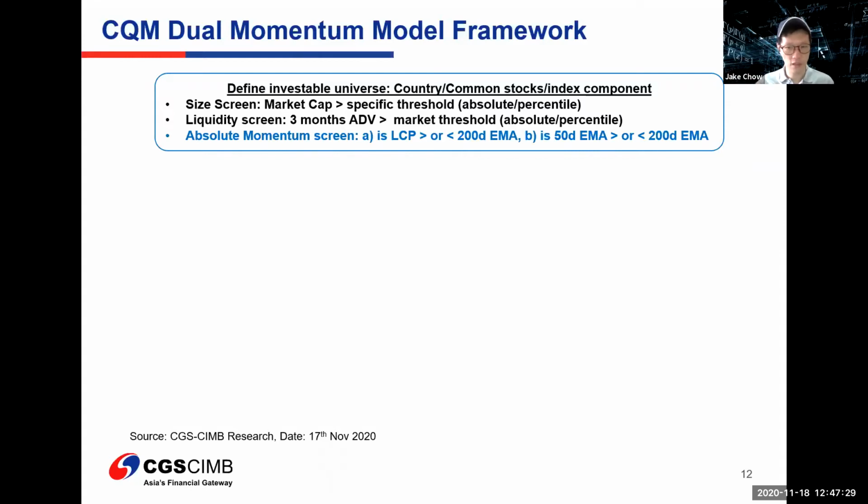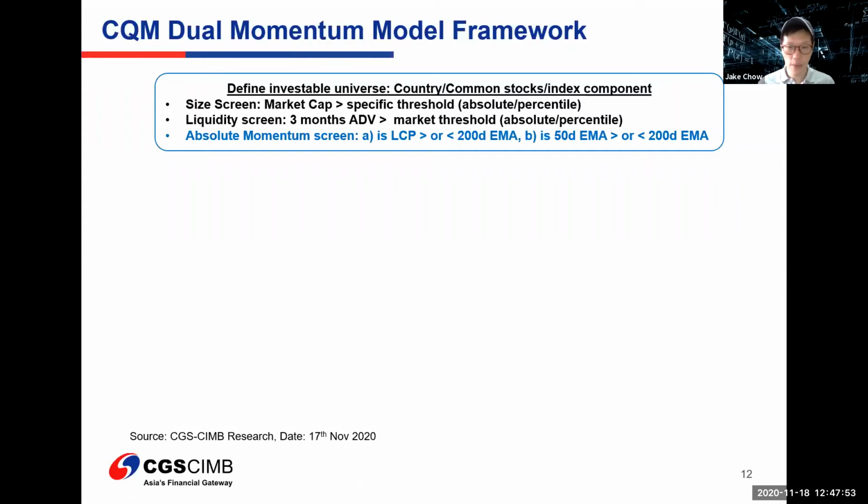If we're screening for negative, we want price to be below the 200-day exponential moving average. The second screen is whether the 50 has crossed above the 200 days. That means 50-day bigger than 200-day EMA, and vice versa for the negative model. So these are the two screens that we implement for the models.